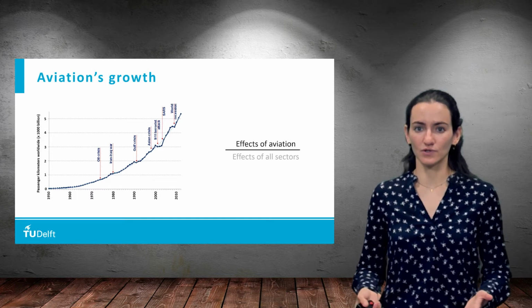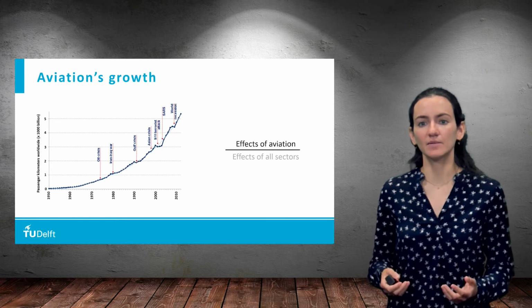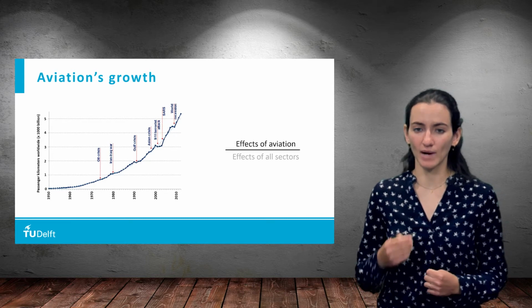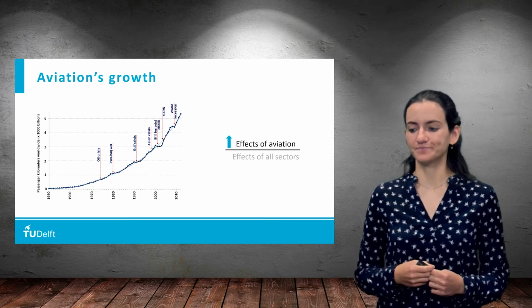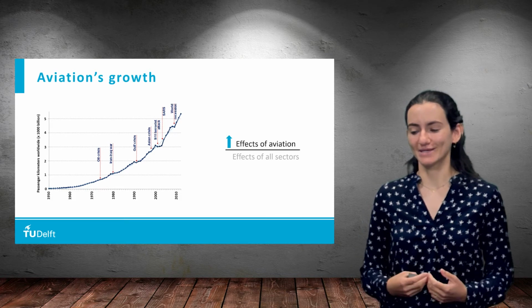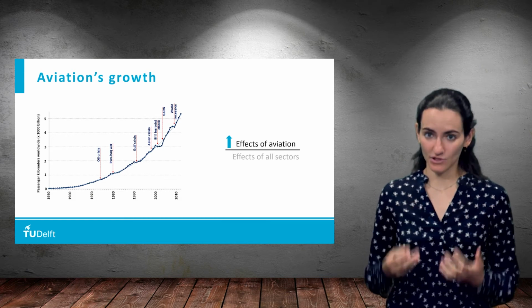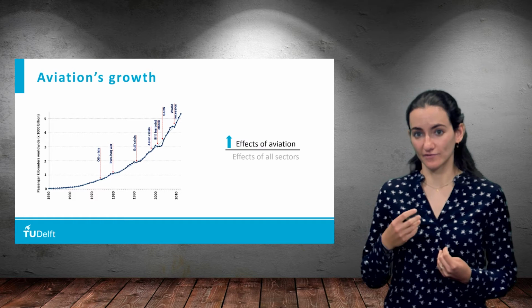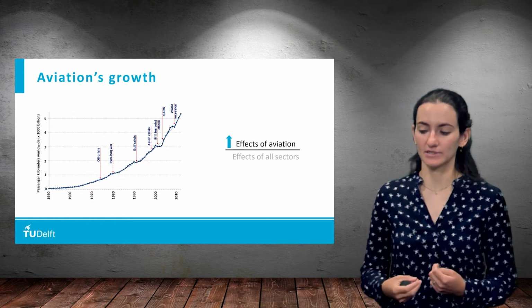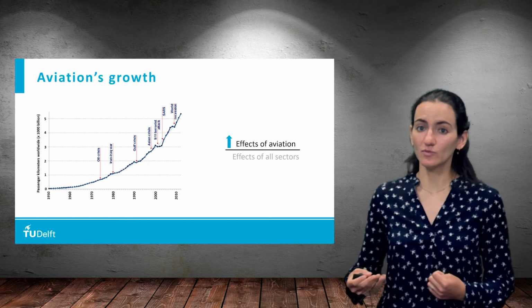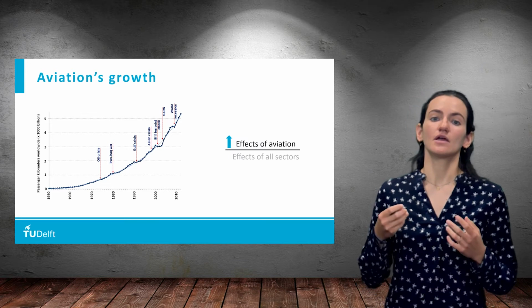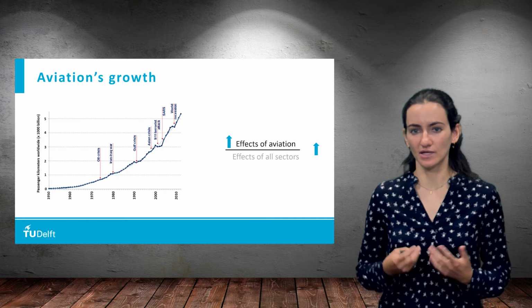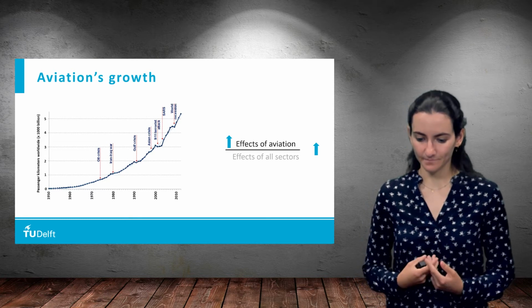Right now, we're also going through a setback with the COVID-19 pandemic, but it is projected that after the recovery, aviation will go back to its growth rate. This growth means that the emissions from aviation will keep increasing, and the corresponding environmental effects will also keep increasing. This means that the numerator of this fraction will increase, and of course the numerator increasing will lead to the entire fraction increasing.